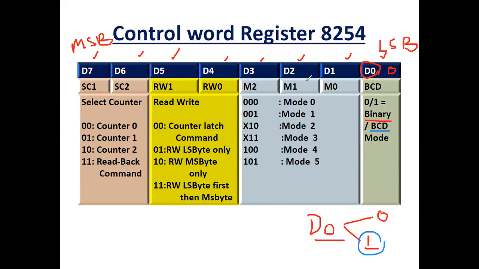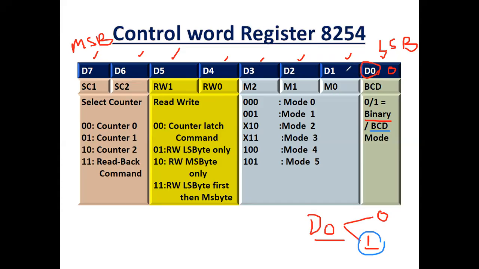And now the next 3 bits, D1, D2 and D3, together decide the mode of operation. In the first video, we discussed that the 8254 timer IC will work in 6 different modes.